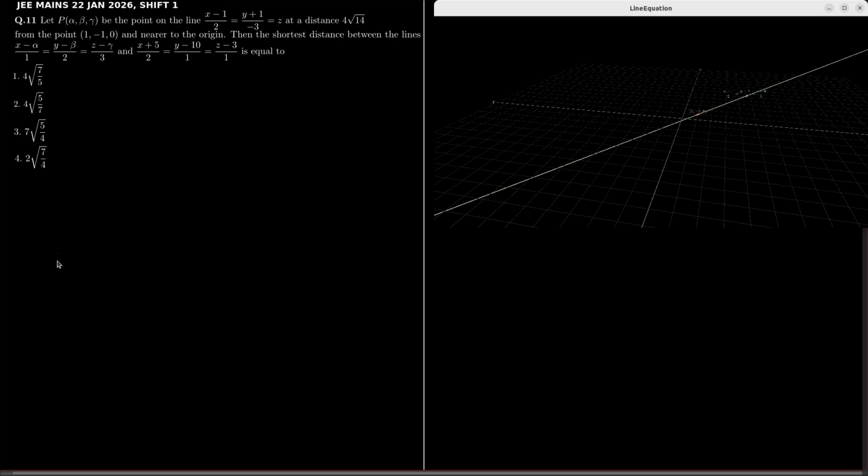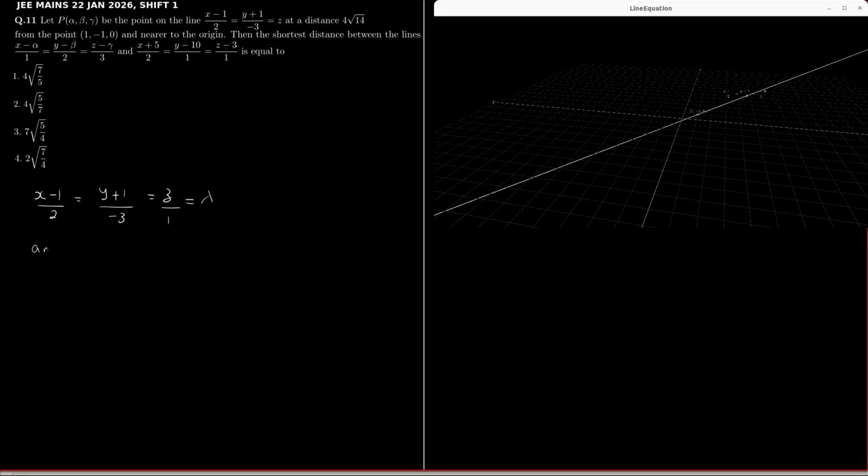So any point on the line is, let us again write it here. (x minus 1)/2 = (y plus 1)/(minus 3) = z/1. Let it be lambda.